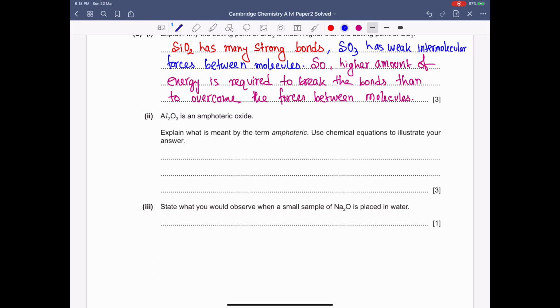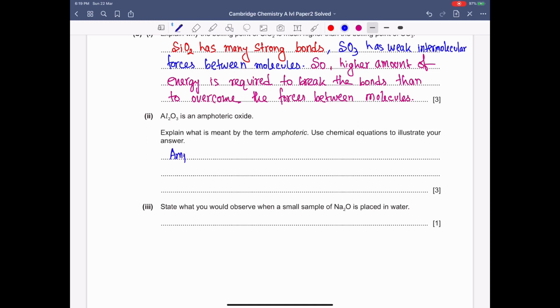Al2O3 is amphoteric. Explain what is meant by the term amphoteric. Use chemical equation to illustrate your answer. Okay. Amphoteric are substances that react with both acid and alkali.